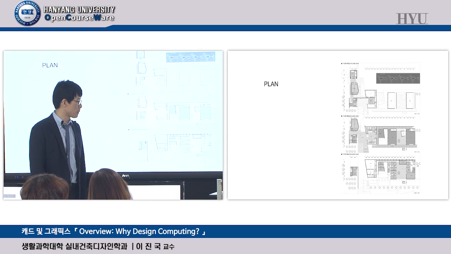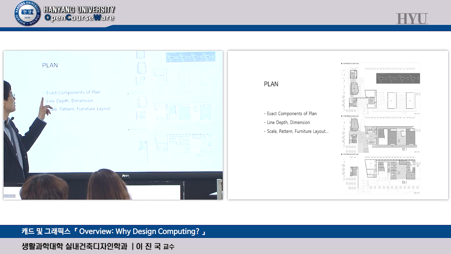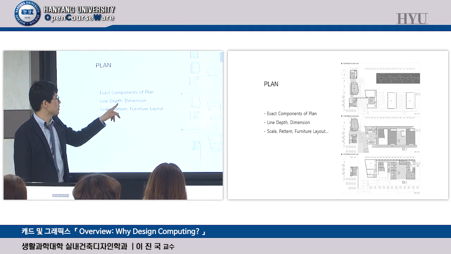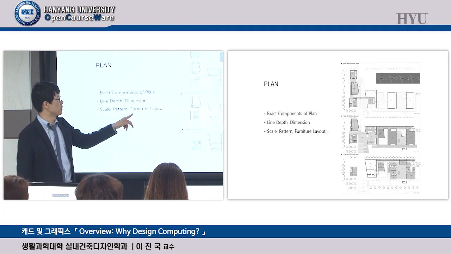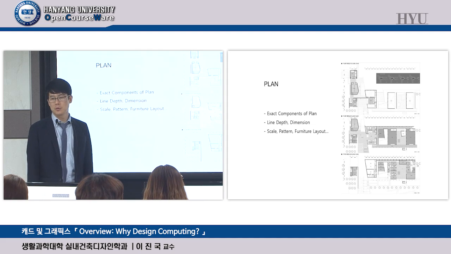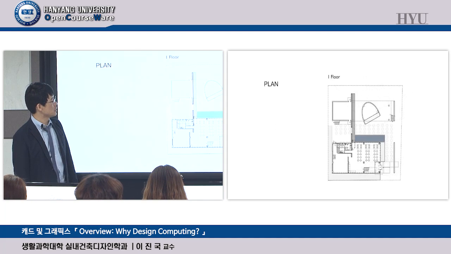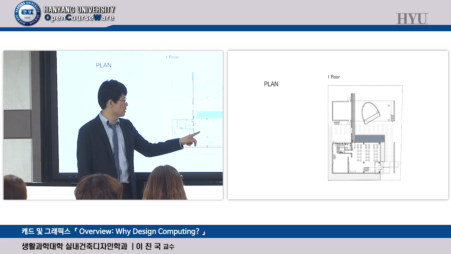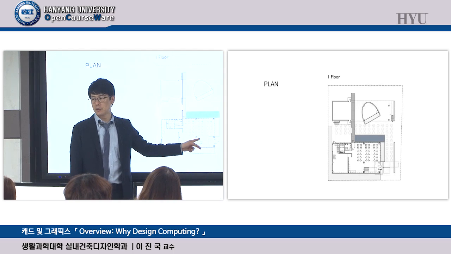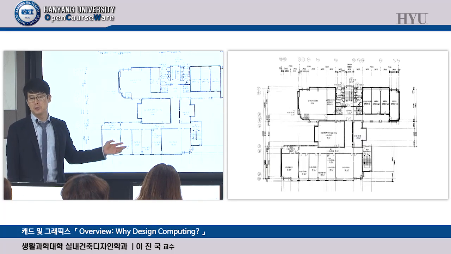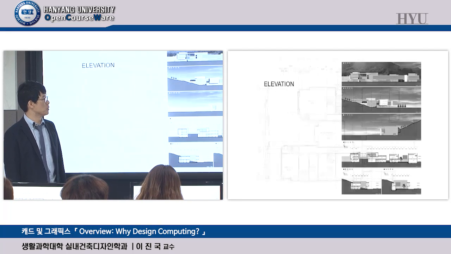Landscape. It contains exact components of plan, line depth, dimension, scale, pattern, furniture layout, and so on, okay? More examples. In this case, furniture layout, okay? Another one that I showed you before, the plan for this floor before.